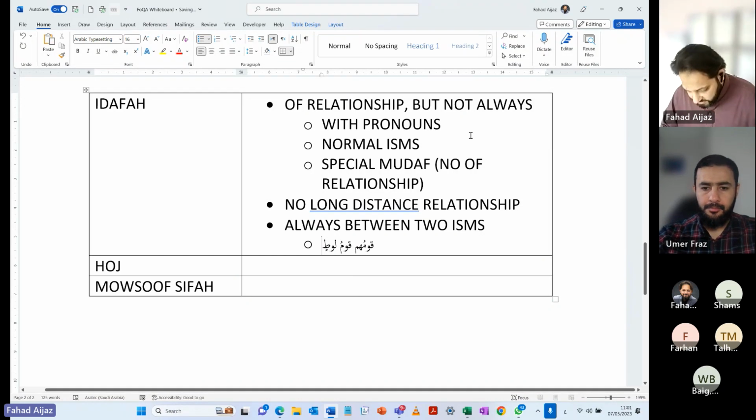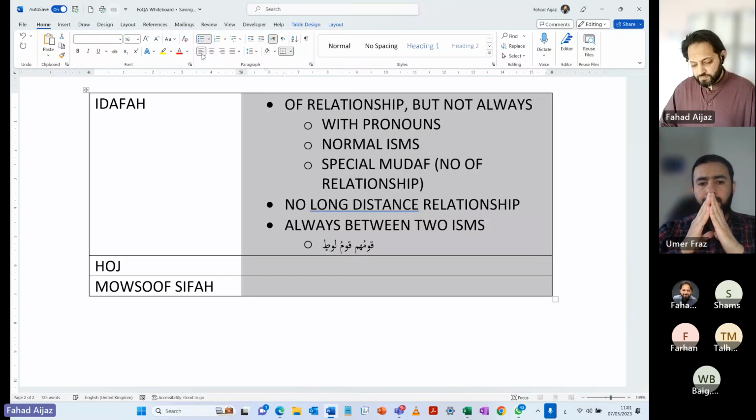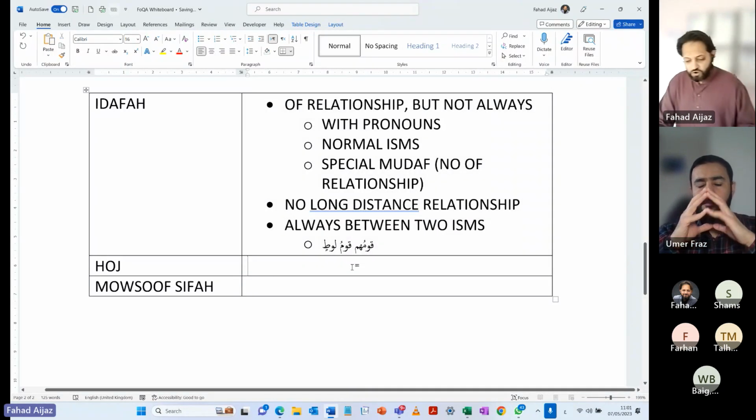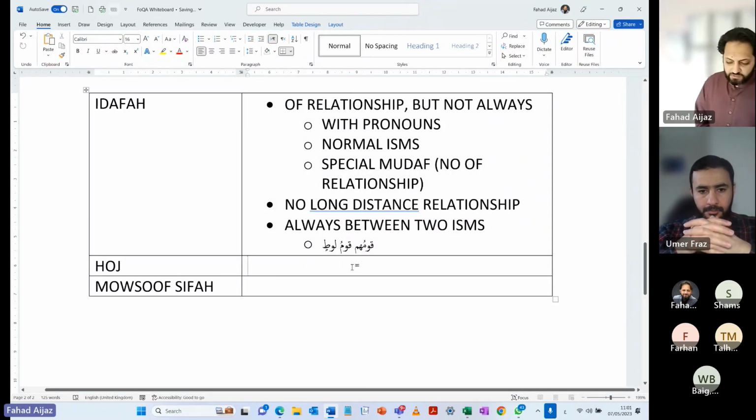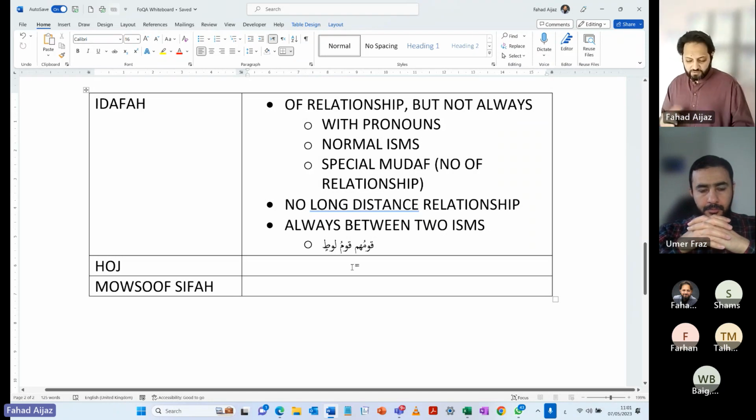So in the first case, Shams bhai, hum is an ism, qawmu is an ism. In the second case, qawmu is an ism, Lutin is an ism. You see that? Yes sir. Okay. So it will always be between two isms. It is never between ism and fi'l, or ism and harf.